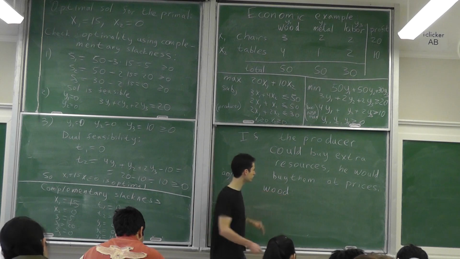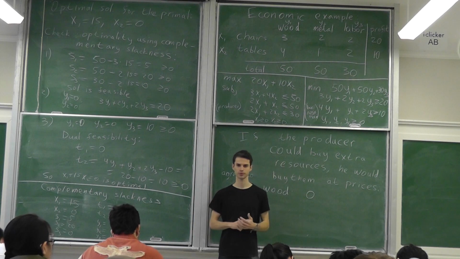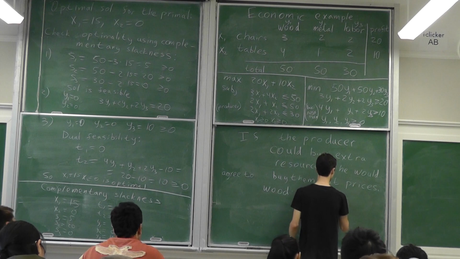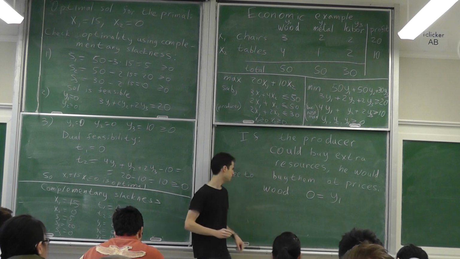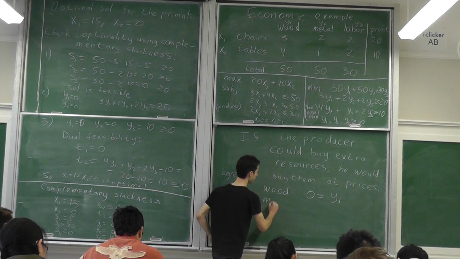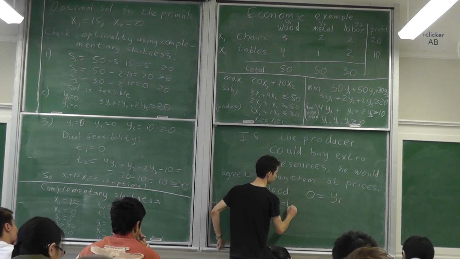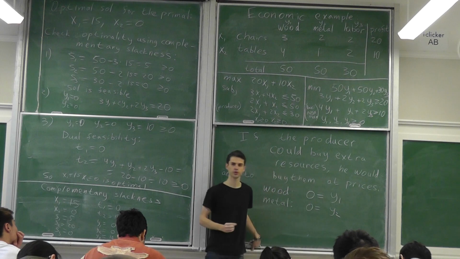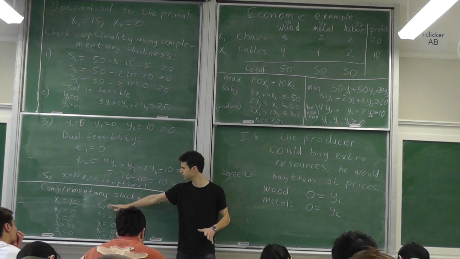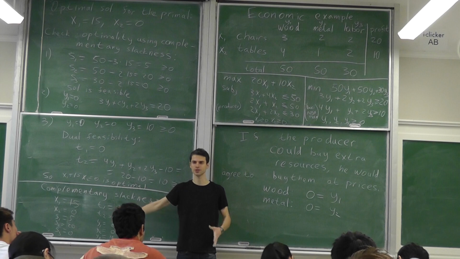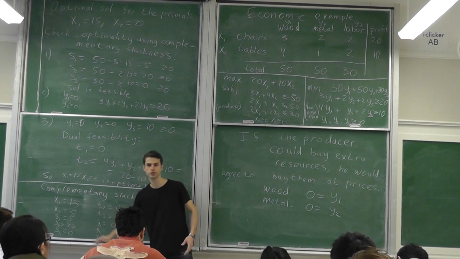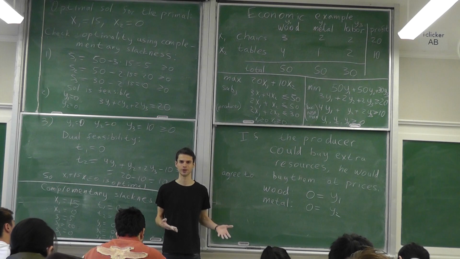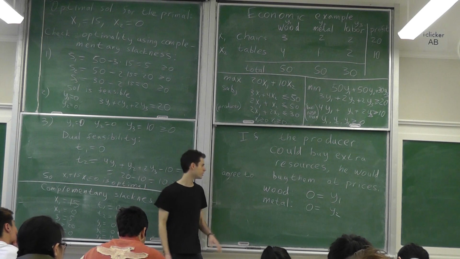So you are willing to pay for wood 0, which is exactly the dual variable. For metal, you are willing to pay for the same reason exactly 0. In the best scenario, you are still left with 20 units of metal. If you can buy more, it's stupid for you to buy more. You will just throw out more.